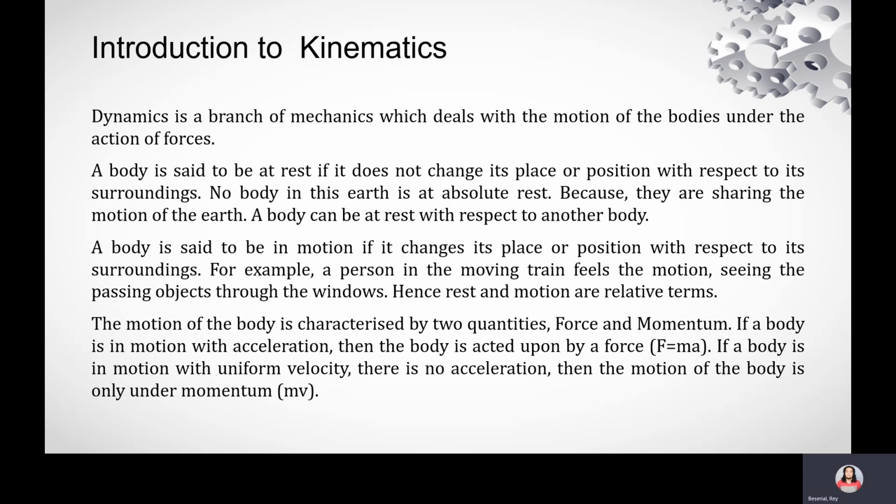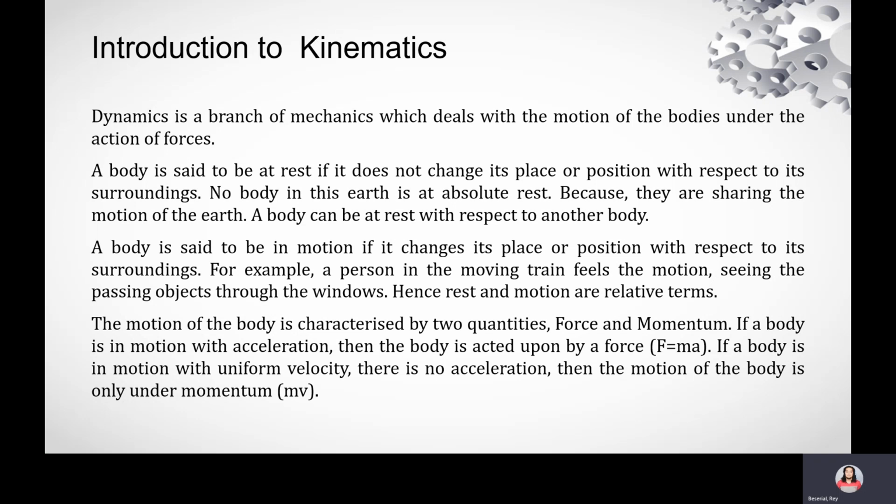No body on this earth is at absolute rest, kasi yung ating earth, nag-rotate siya sa kanyang axis, and then nag-rotate din tayo sa sun. Nobody on this earth is at absolute rest because they are sharing the motion of the earth.